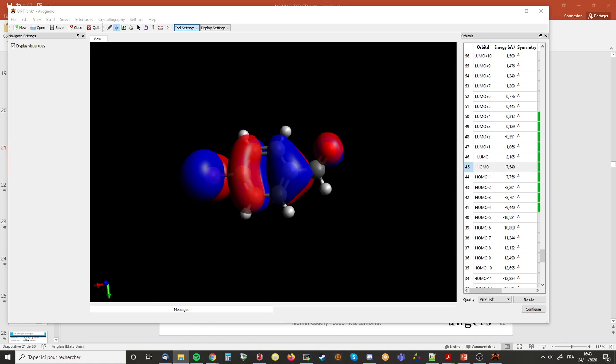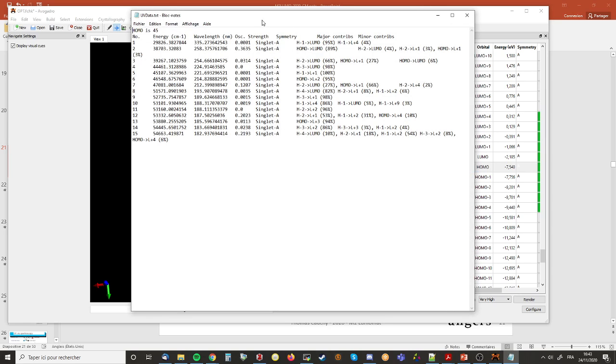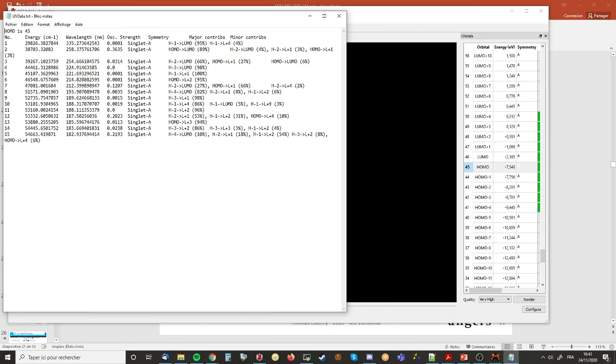So if you've used GaussSum, you now have a GaussSum 3 directory, and you have a file called UV data.